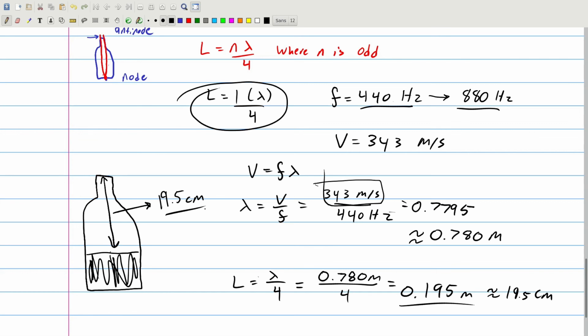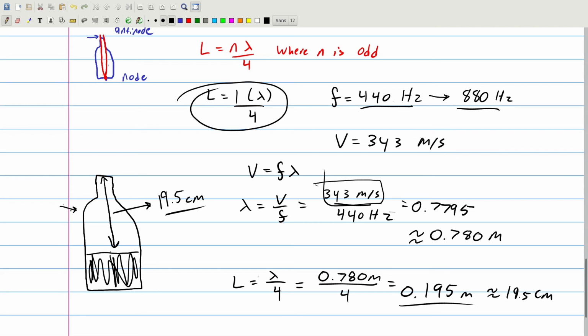Now, that might be a little bit big for a lot of bottles. So if we do the same process with 880 hertz, so let me see here. 343 divided by 880 will give us a wavelength of about 39 centimeters, give or take. And if we divide that by 4, now we're talking about 9.7 centimeters.